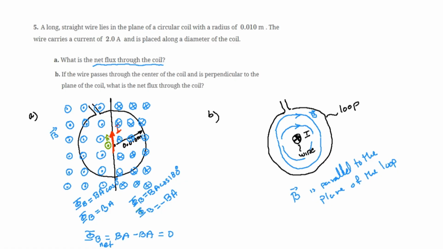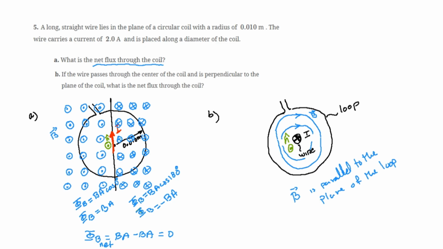Now, the normal to the plane of the loop, the vector normal, is perpendicular to the magnetic field lines, because the magnetic field lines are in the same plane of the wire.